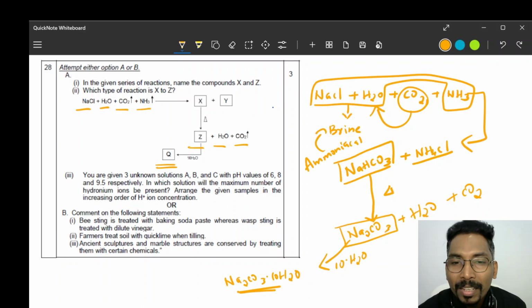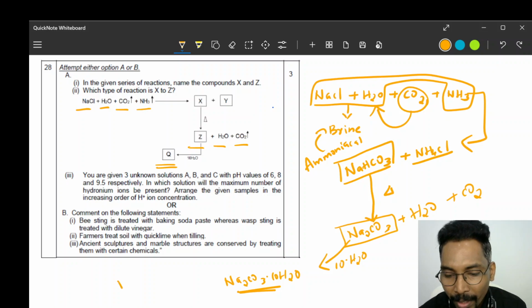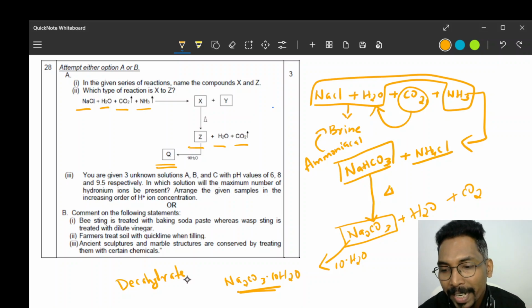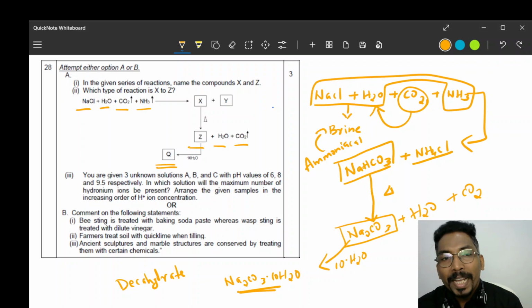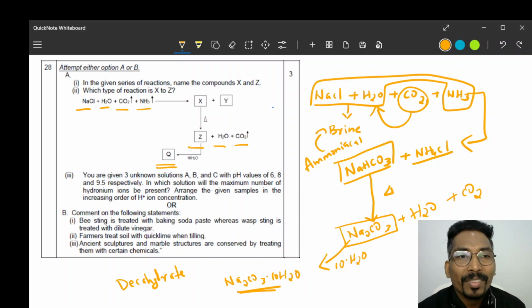What is this? This is washing soda. Washing soda or sodium carbonate decahydrate. Sodium carbonate decahydrate. Clear? I hope this is clear.